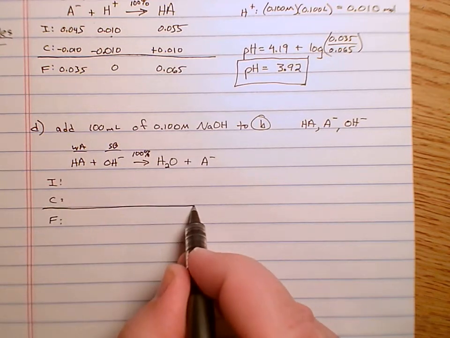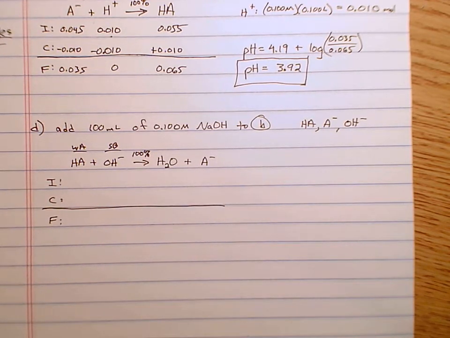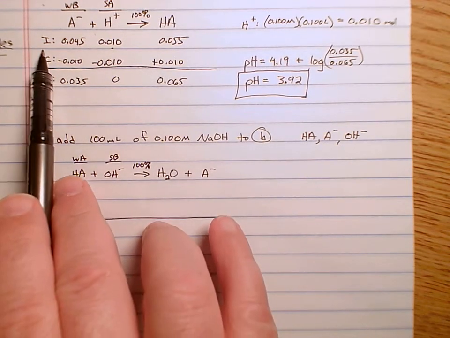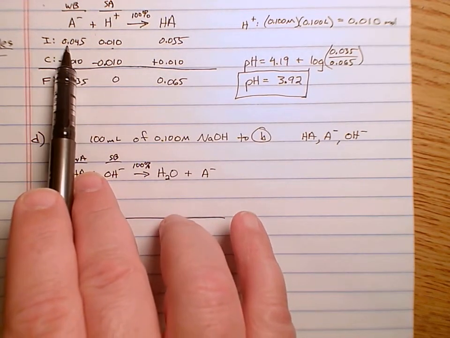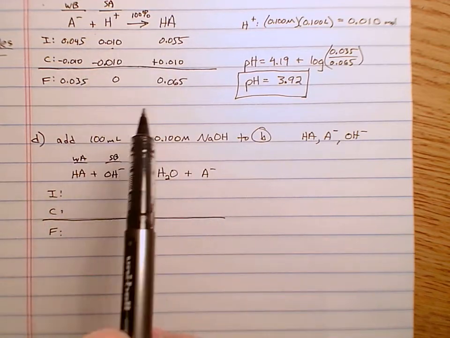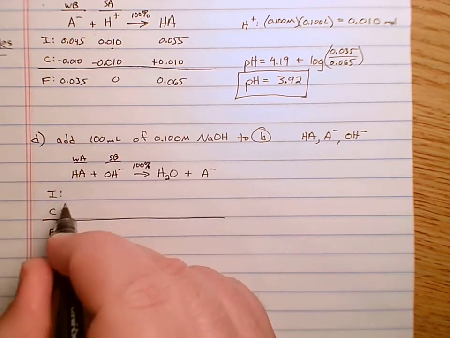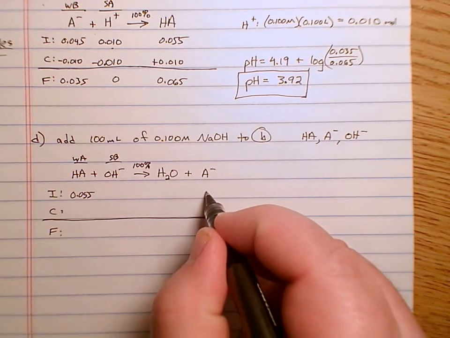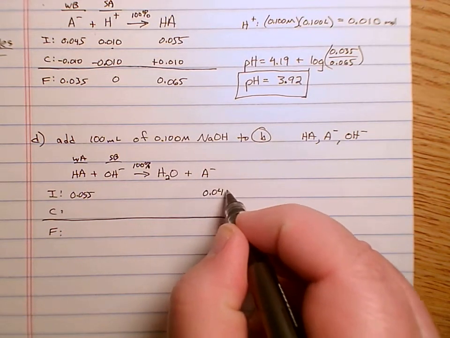We need this table, and we need our initial values. We're adding it to the solution in B, and luckily our initial values for B were the same for A minus and HA up here: HA was 0.055, A minus was 0.045.